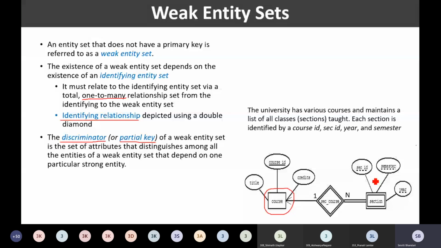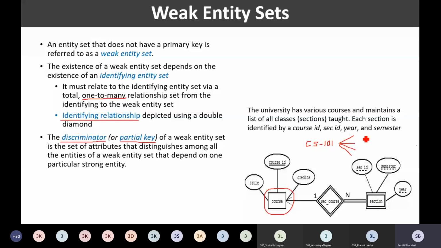So if I have, say, course ID CS101, I have several entries in this weak entity set section that depend upon this CS101. So if I have 1, 2, 3, 4 entries in this section, those are related to CS101.